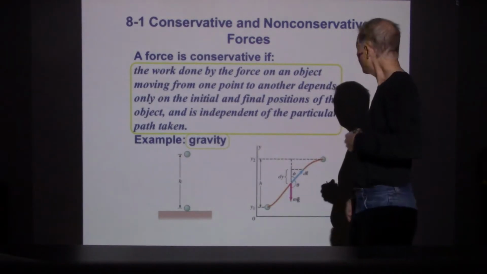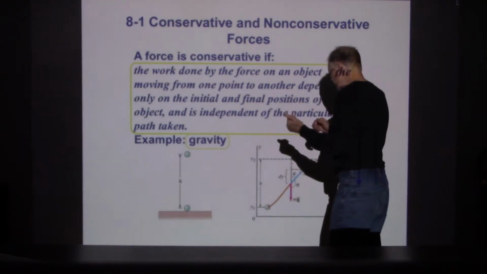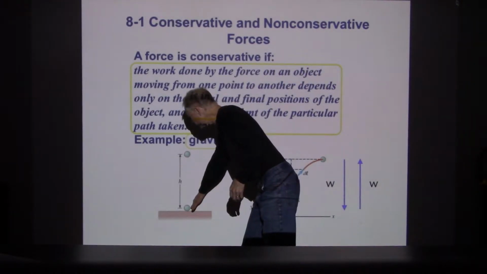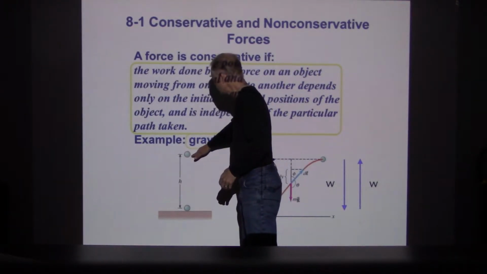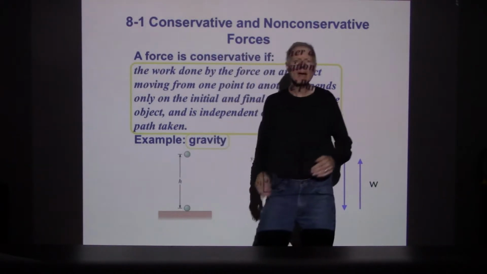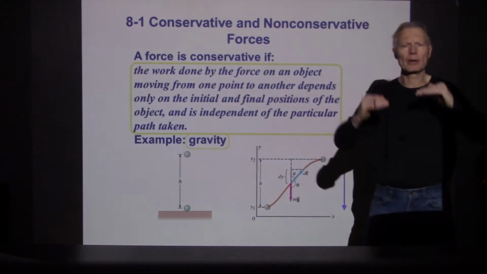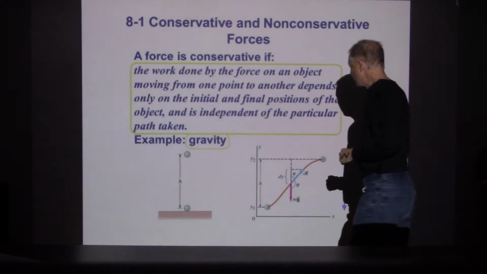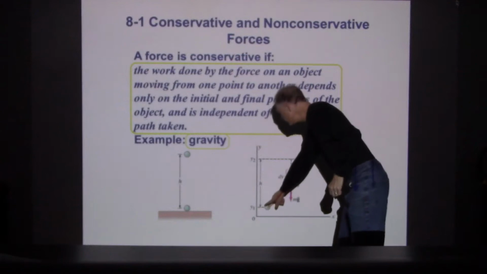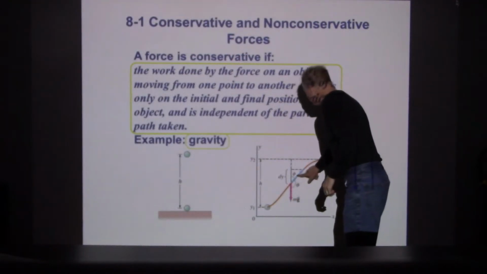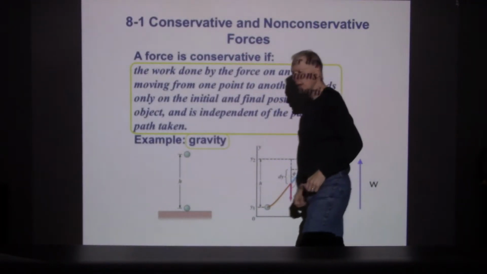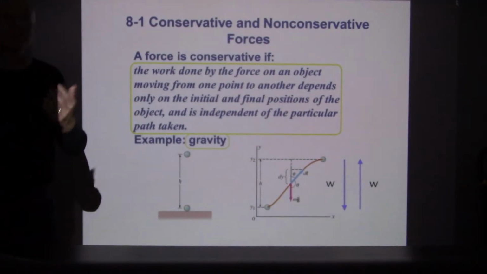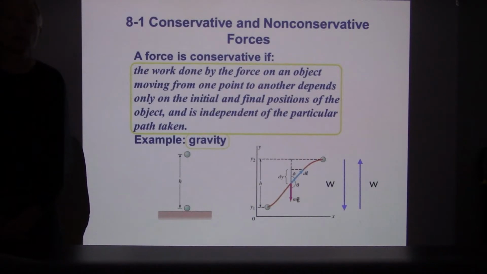There were those examples in chapter 7 where we took an object at a certain elevation and lifted it to a higher elevation. It wasn't always just vertically. If you remember, there were examples of putting on my backpack and going from lower elevation to higher elevation. What we found was that the amount of work required depended only on the elevation change.